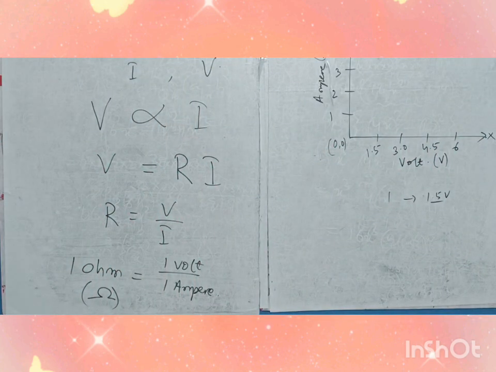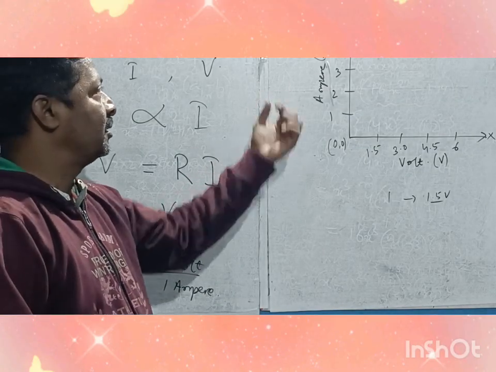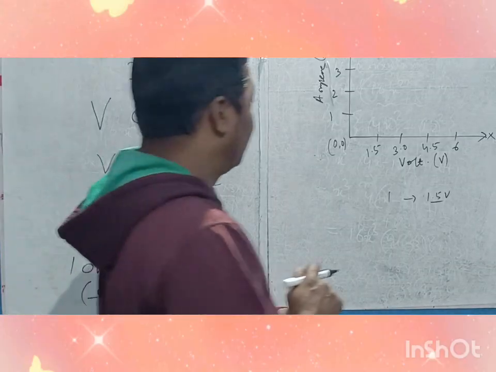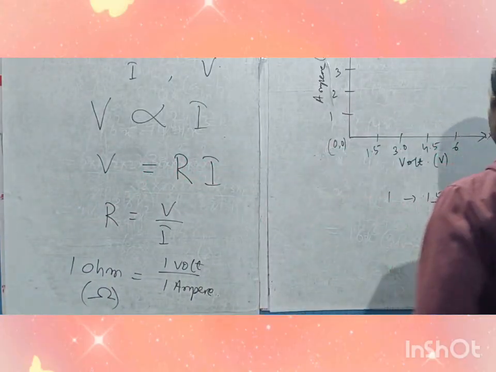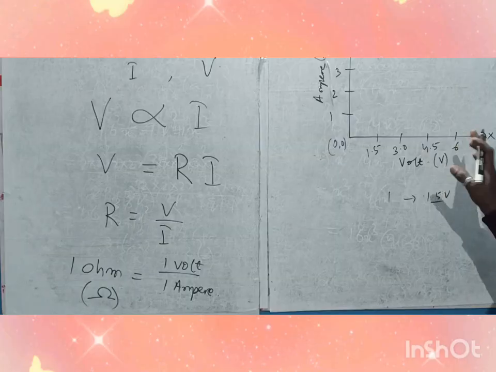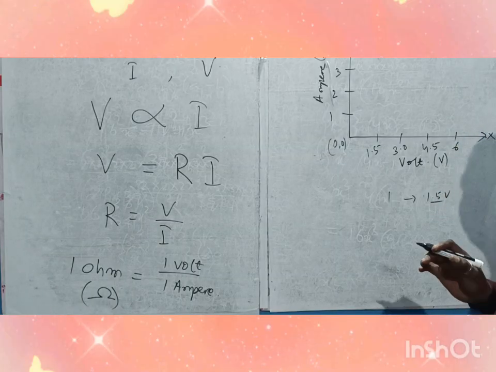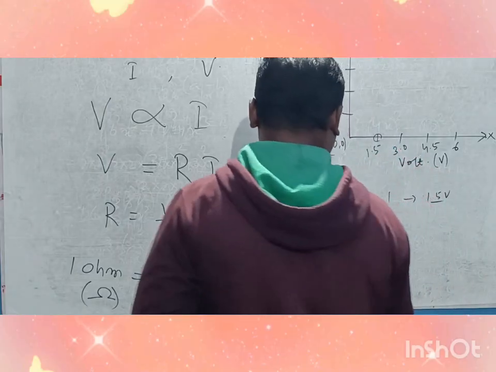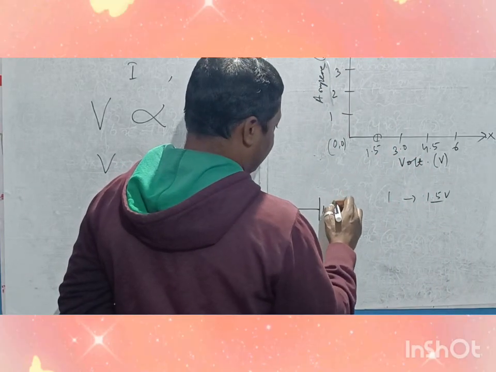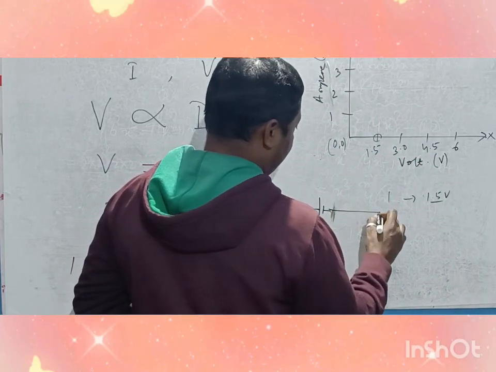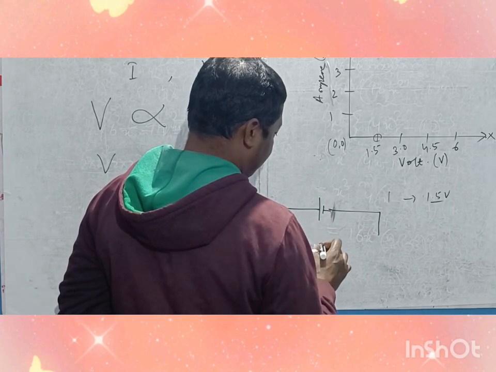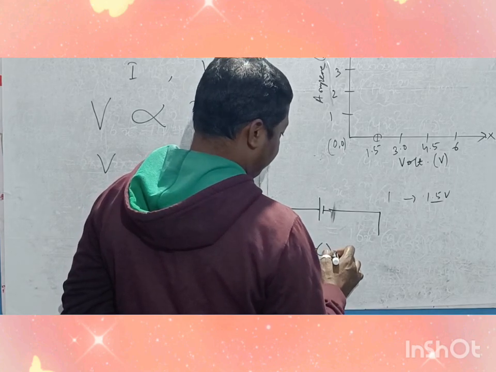The electrical equipment that measures the electric current is ammeter, and the electrical equipment that measures the voltage is voltmeter. Okay. So suppose I am taking one cell, and this is the ammeter, and in the end, this is the key.